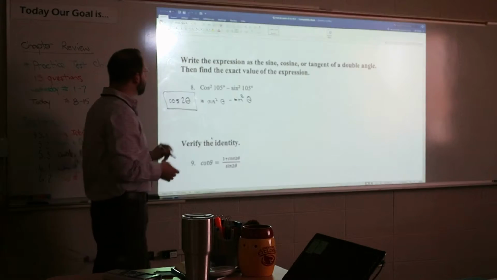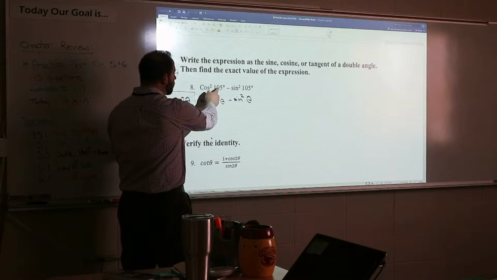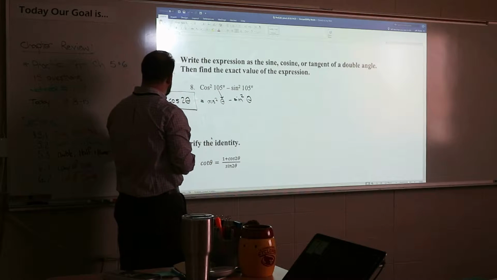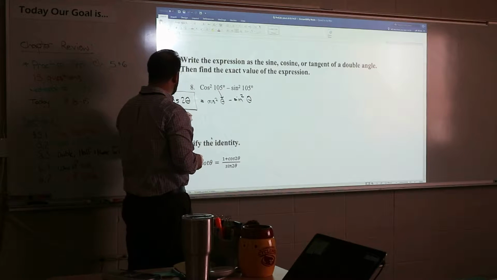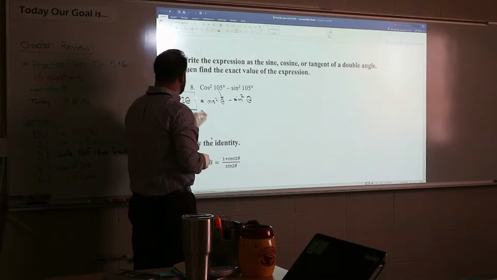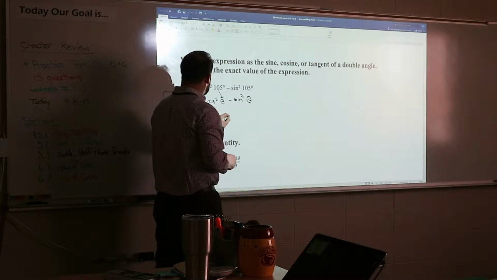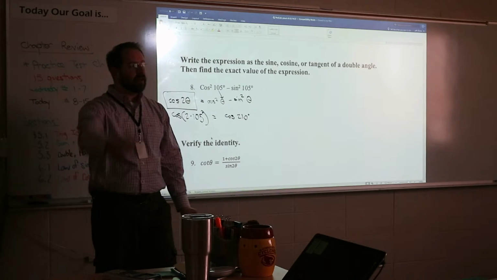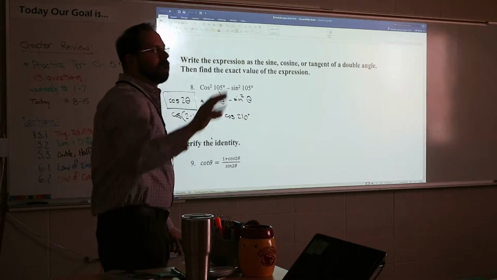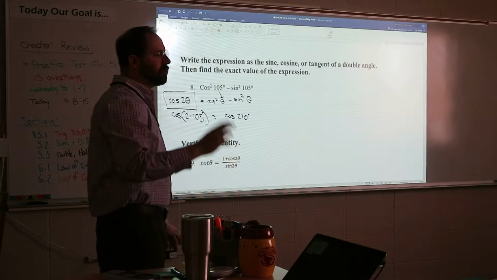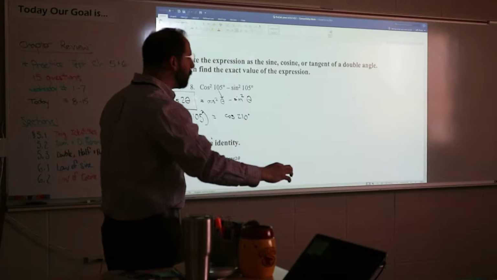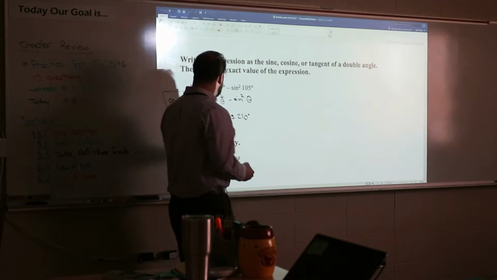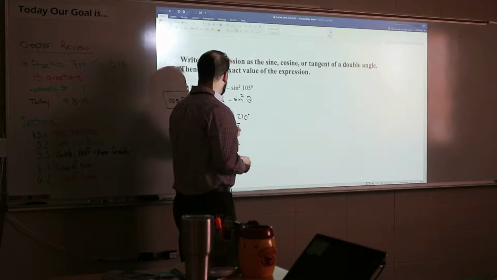So if theta was 105, I'm going to take cosine of 2 times 105, which makes cosine of 210. And now you should be able to read off on that property sheet what the cosine of 210 is immediately. The cosine of 210 should be negative root 3 over 2.